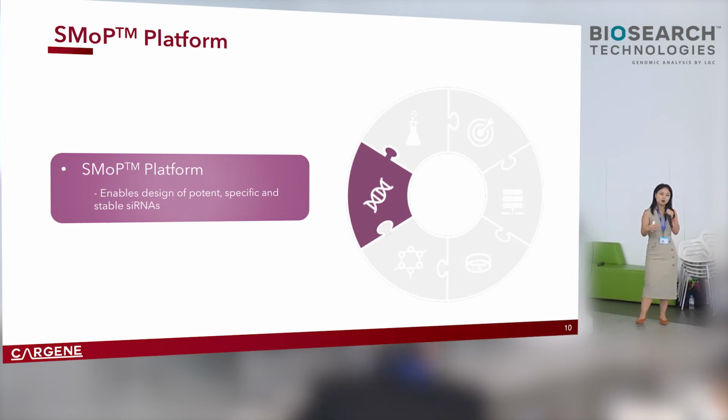That includes that our oligos can be stable. Secondly, our compounds are potent. And thirdly, that means it's very specific and it will have less off-target effect. So we call this the SMART platform, which is short for selected modification patterns.